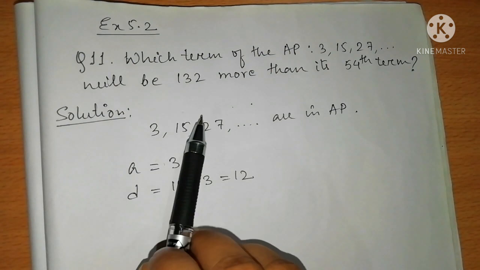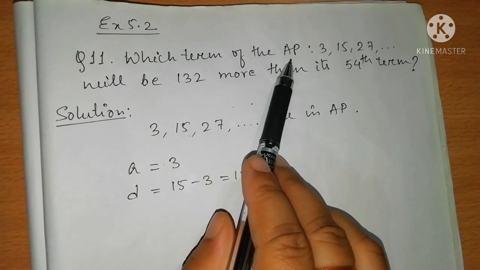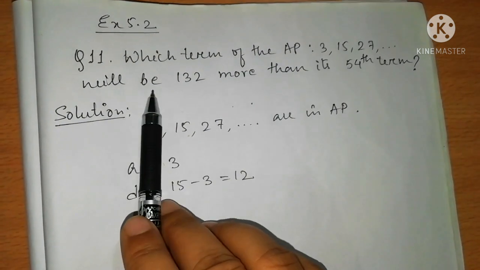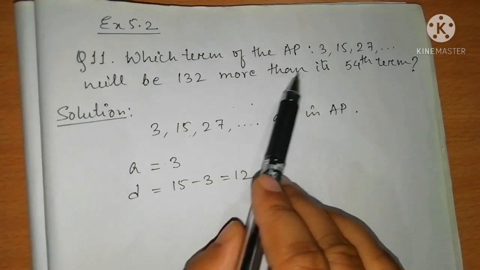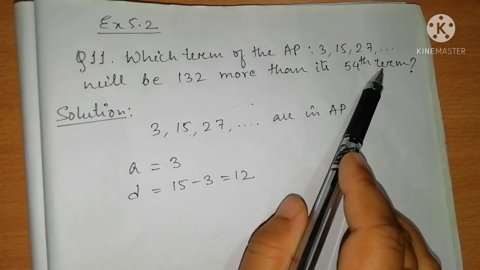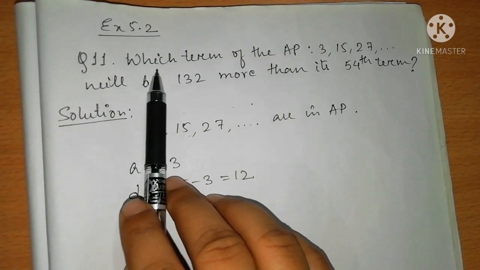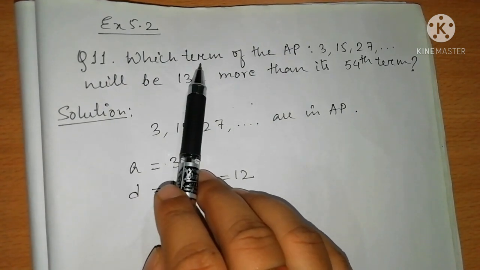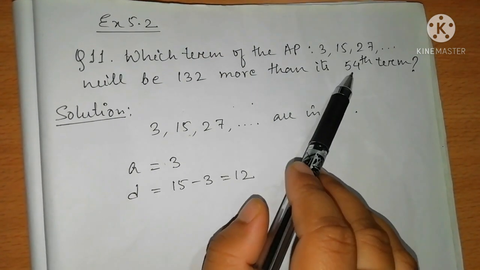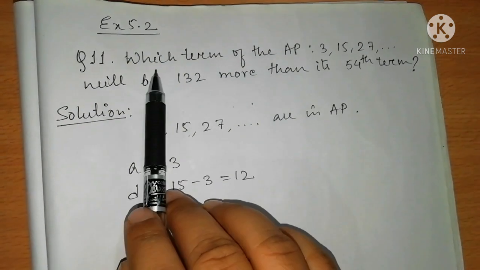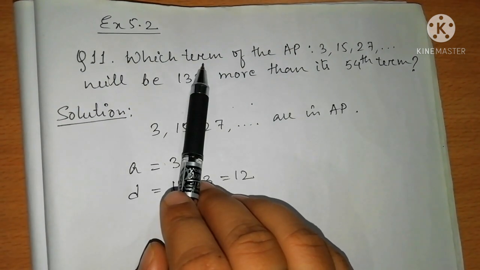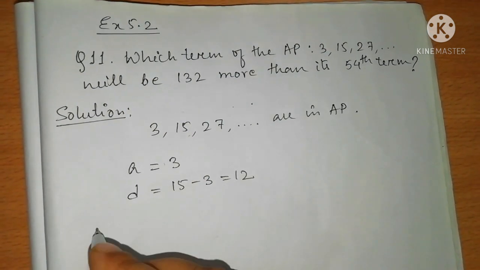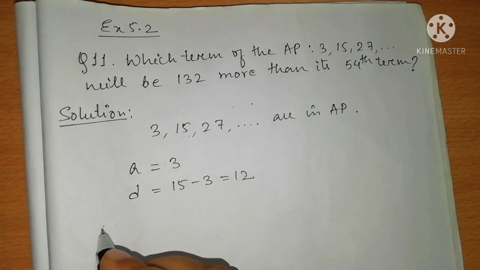Then which term of the AP will be 132 more than its 54th term? So we do not know the term which will be more than its 54th term. So the unknown term, we'll suppose it as the nth term.